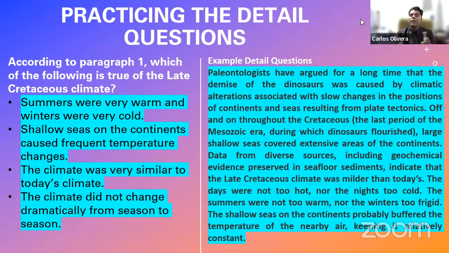But given that it says all the seasons were neither too warm nor too cold, you can certainly know that the climate was very stable, that it did not change dramatically from season to season. That is what you are informed by this paragraph, so the correct answer here will be the fourth one.